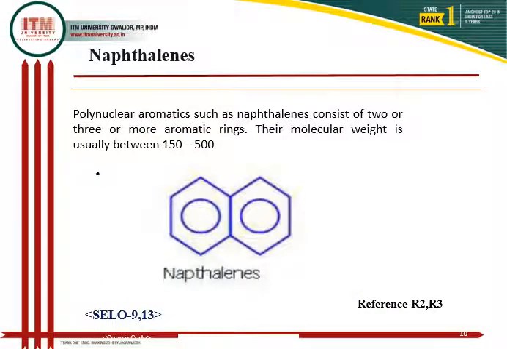So the polynuclear aromatics are the naphthalenes, which consist of 2 or 3 or even more aromatic rings. Their molecular weight is usually between 150 to 500 grams.